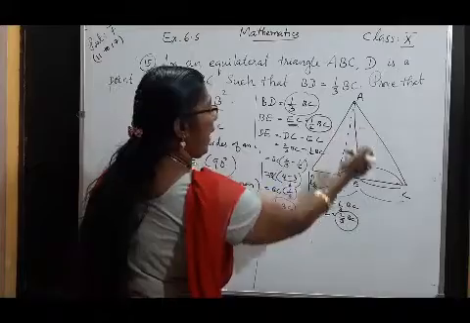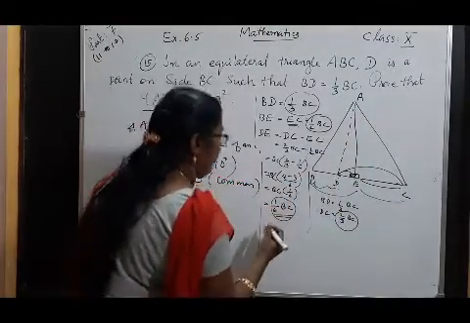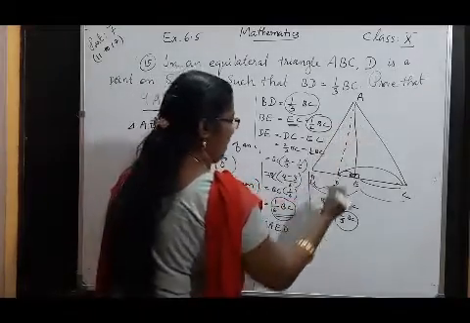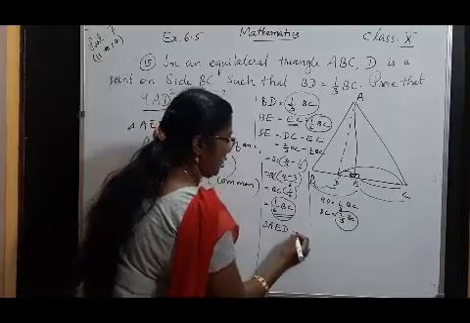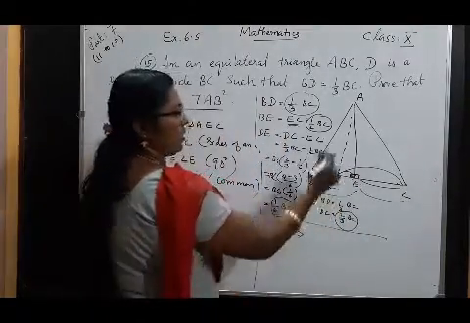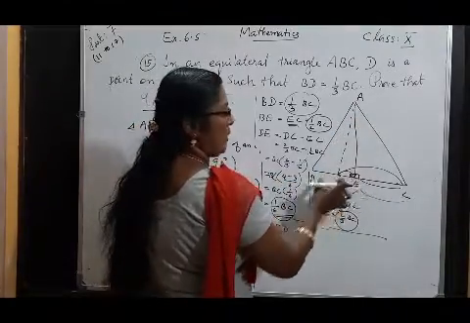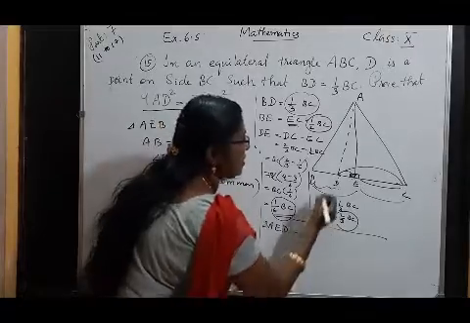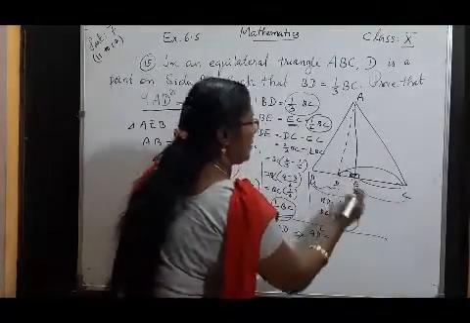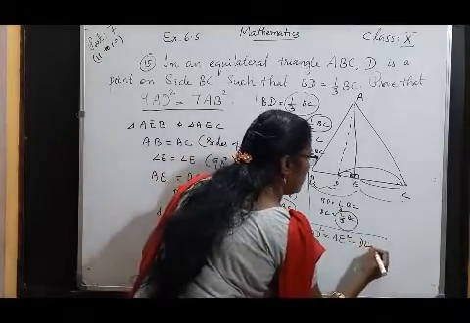Compare the triangle AED and AEB. First of all, triangle AED, the small triangle, is a right angle triangle, right angle at E. By using Pythagoras theorem, hypotenuse square equals height square plus base square. That is AD square equal AE square plus DE square.